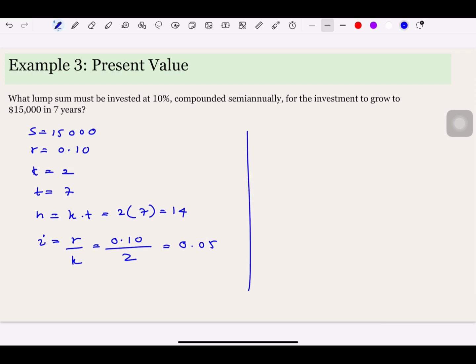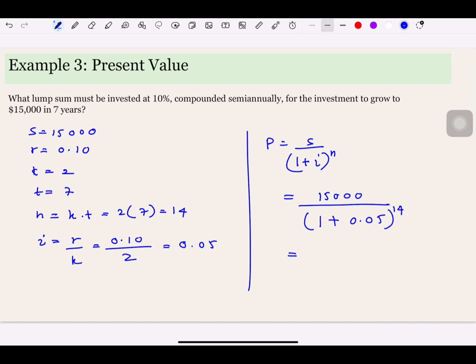Okay, so now let's calculate the present value. P equals S over (1 plus I) to the power n. I'm going to use the first formula, but if you're comfortable using the second formula, you can go ahead and use that. Here S is 15,000, and in the denominator you put your I, which is 0.05, and the exponent is going to be 14.